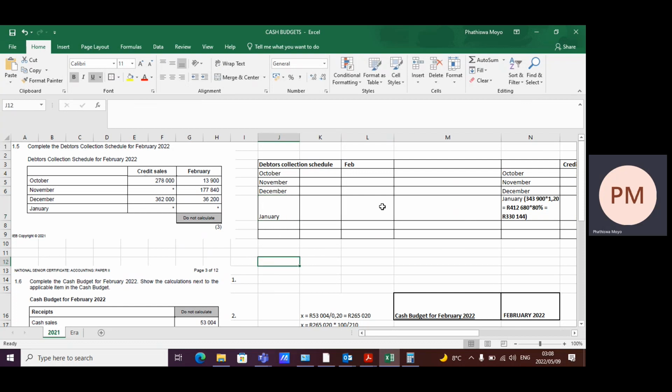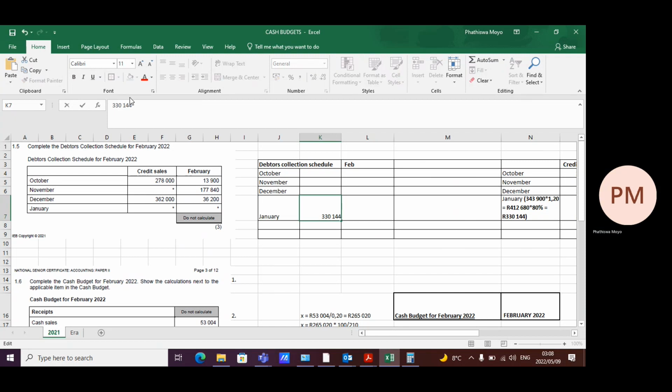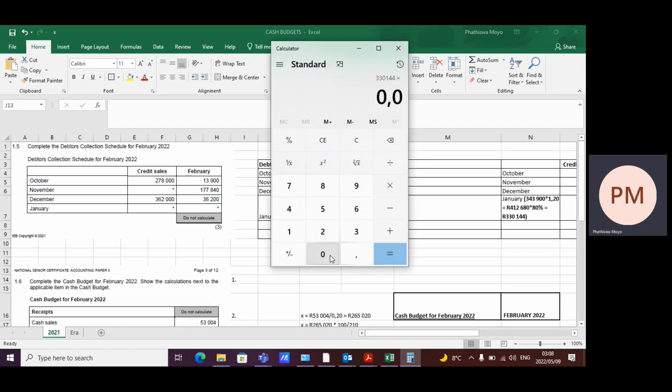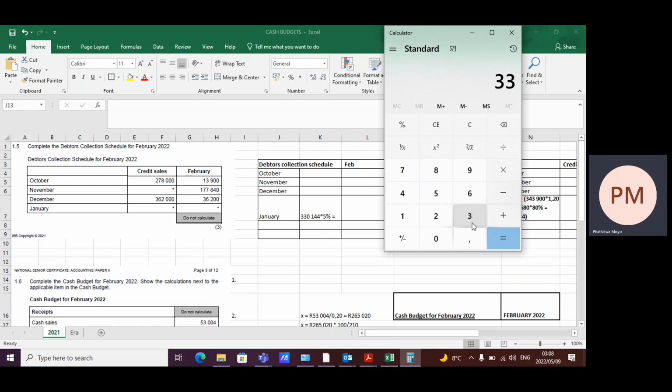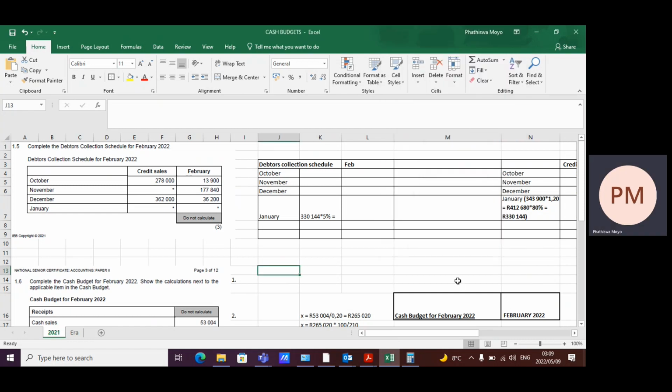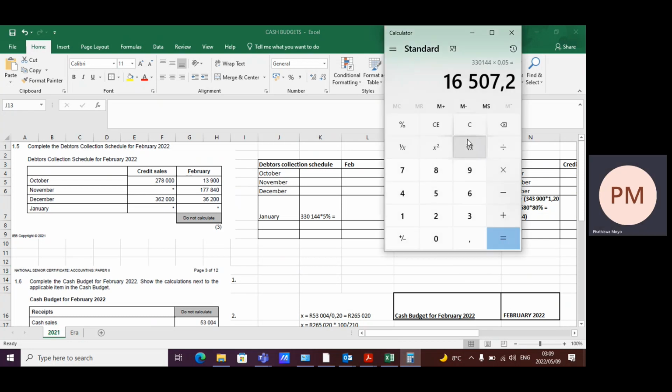So January, the credit sales is 330,144, multiplied by 5, which equals to... Why am I having decimals now?